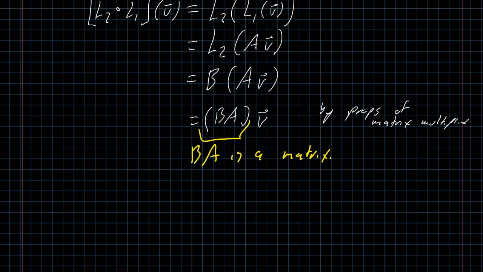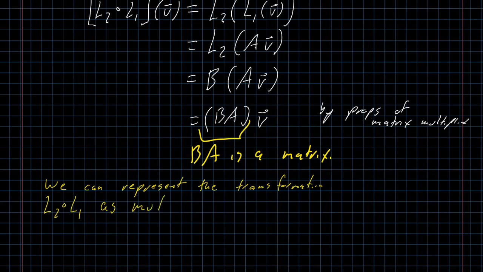Or to put that a little bit more generally, we can represent the transformation L2 composed with L1 as multiplication with matrix BA.